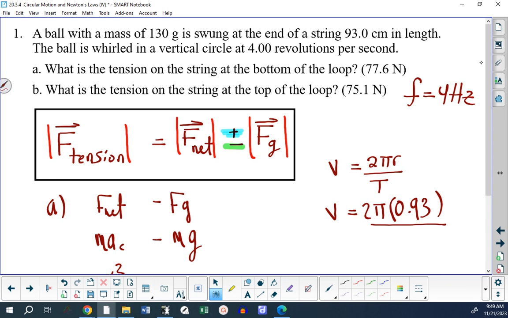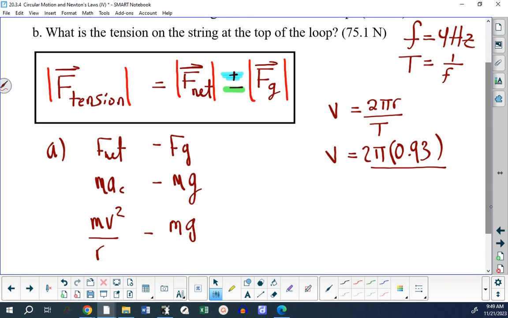Revolutions per second means hertz. And we also know from our formula sheet that the period is the reciprocal of the frequency. So if we take our calculator right now and go 1 divided by 4 and get 0.25, that means that the period is 0.25 seconds.